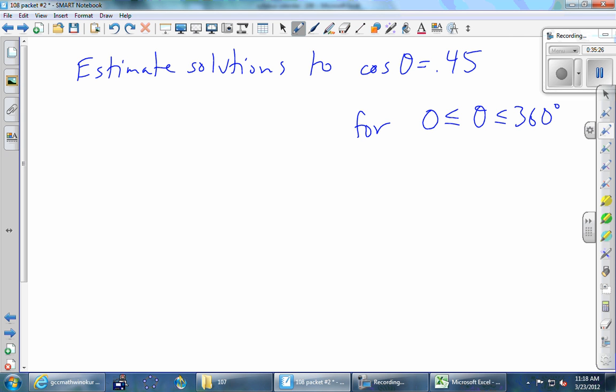No calculators. You can either look at the unit circle or you can look at a rough sketch of the cosine function. But just see if you can ballpark some solutions between 0 and 360. No calculators.